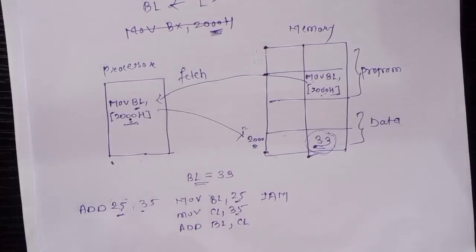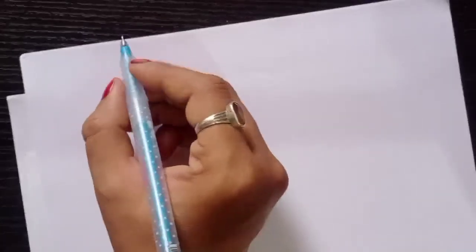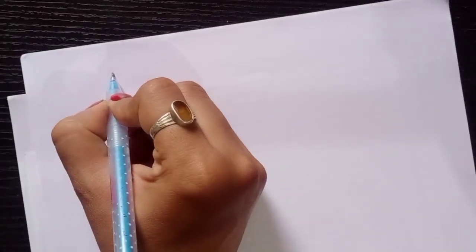Now another example: write a program to add contents of location 2000 and 3000. Now you don't know the data, but you know the address. We have to add contents of memory locations, which means 2000 and 3000 are given as addresses.